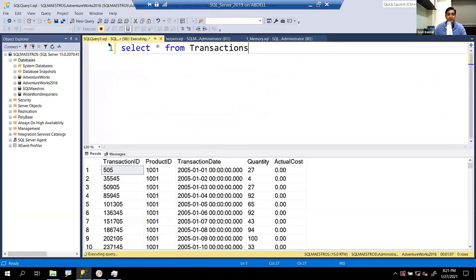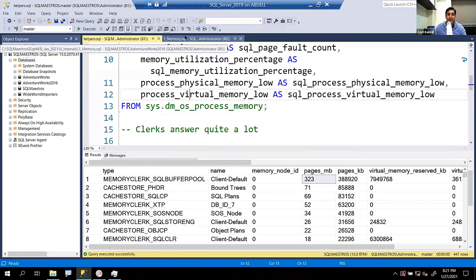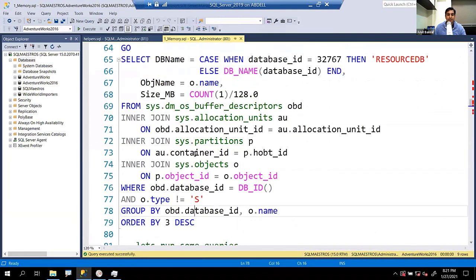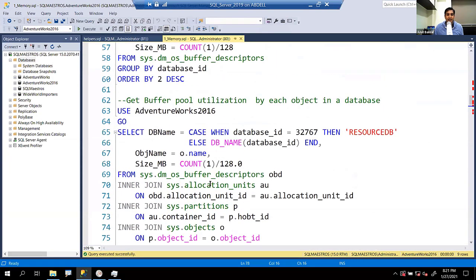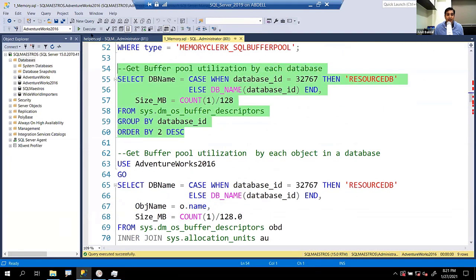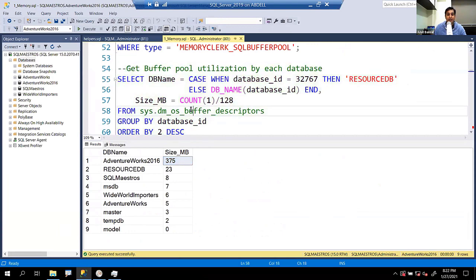Let's stop this for the time being and close this. If we look into this breakdown again, first let's look at the databases, and you will see AdventureWorks 2016 should shoot up right on top. This database has its pages worth 375 MB in the buffer pool.